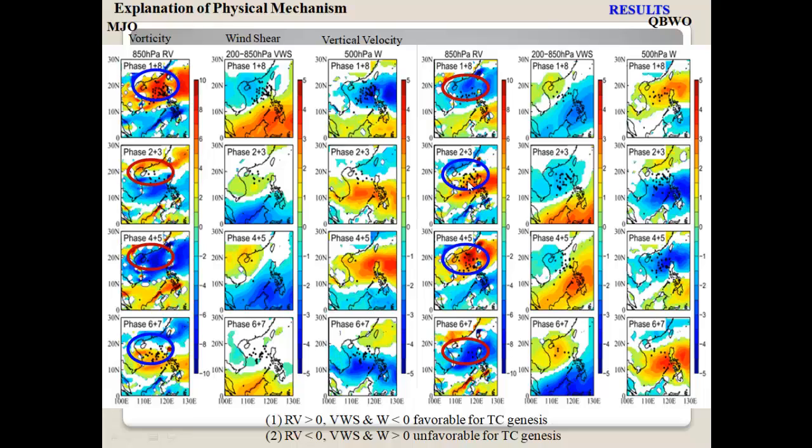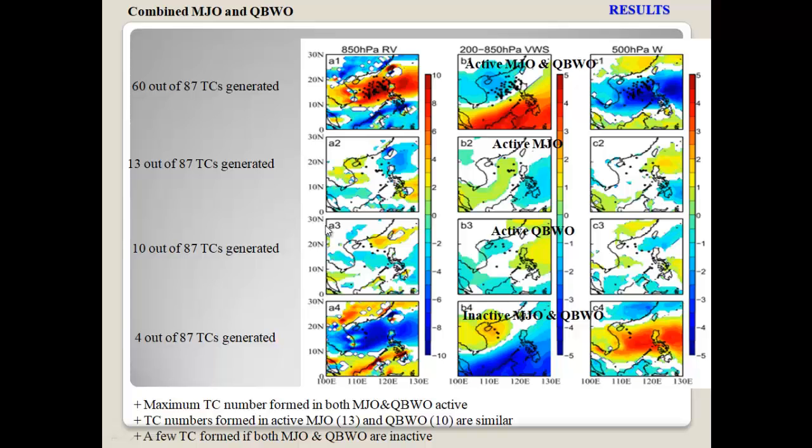We can take a similar result and a similar explanation for QBWO, so I won't repeat that. This is the combination of MJO and QBWO. In the active phase of both MJO and QBWO, there are 60 TCs generated.